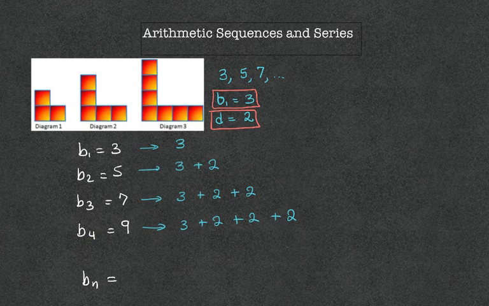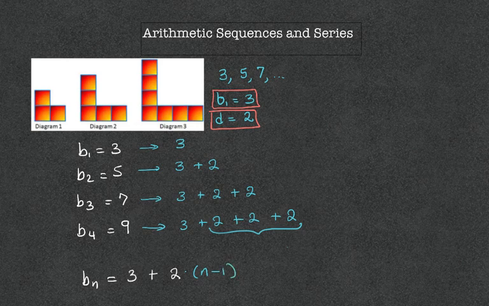So that means if the counter of the term is n, I will have n minus 1 2's adding at the end. So my general formula is going to be 3 plus 2 times the number of the term minus 1, n minus 1.